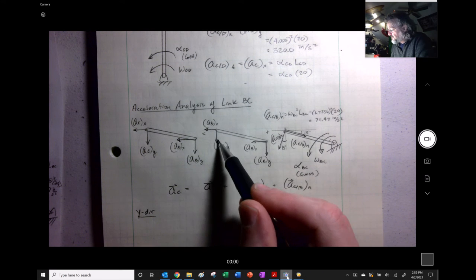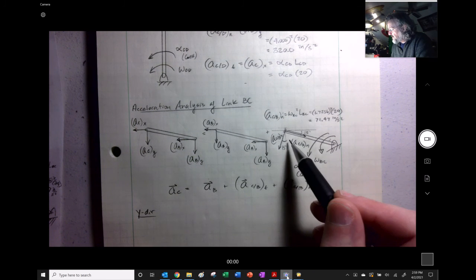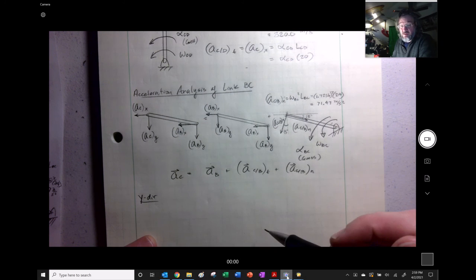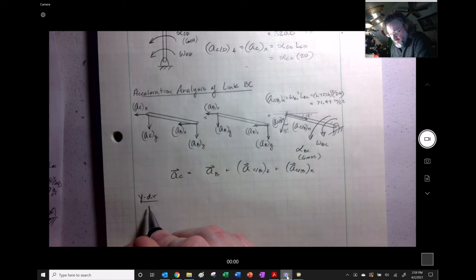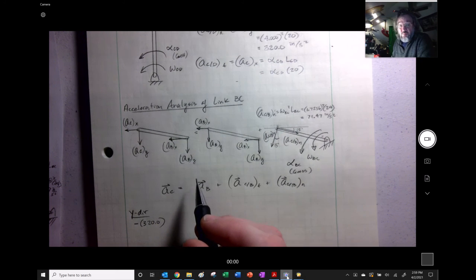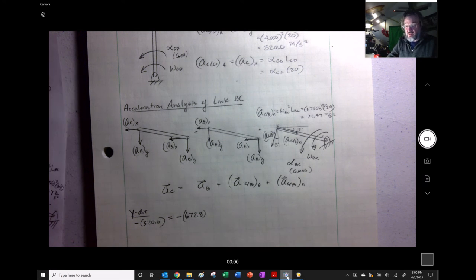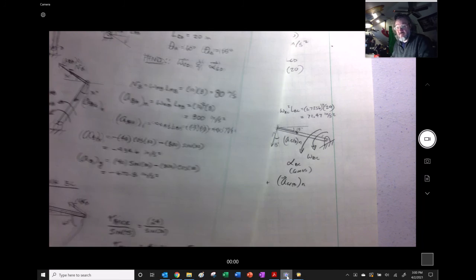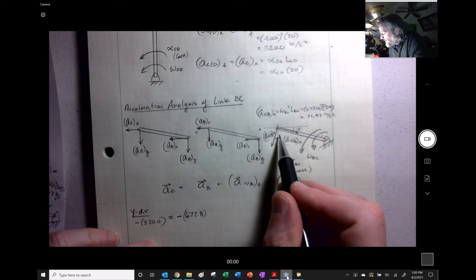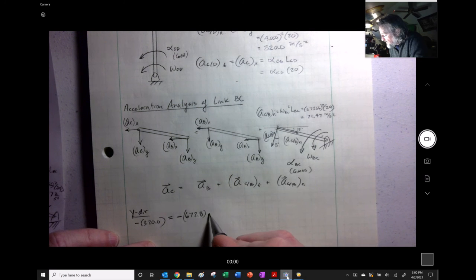And I know this value. So that's going to allow me to get what the alpha is going to be. So I'm going to write this out the right way here. Negative 320 that we found from up above is going to be equal to negative 672.8, right? That was what I got right here. And this guy right here is negative as well.